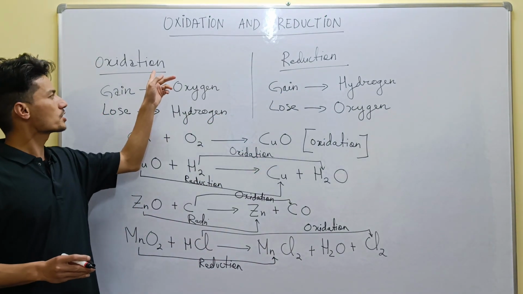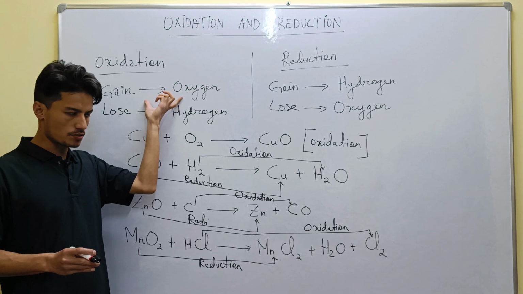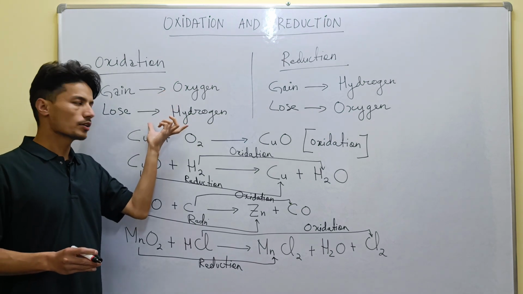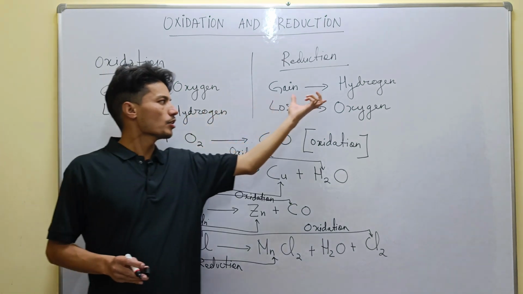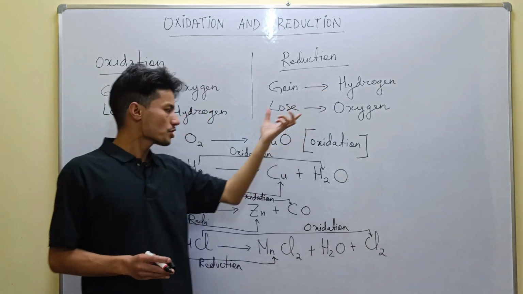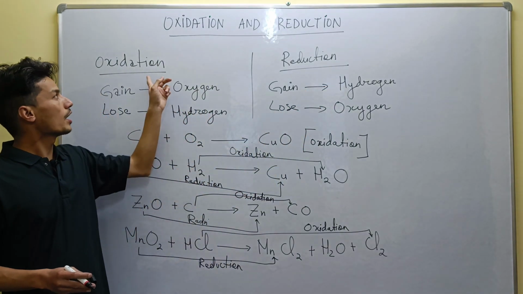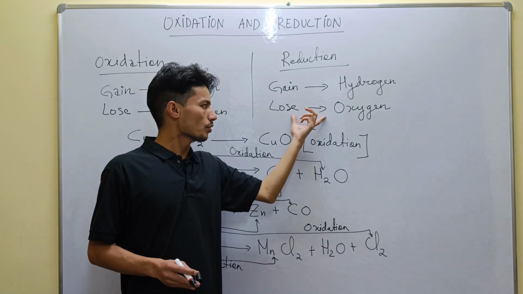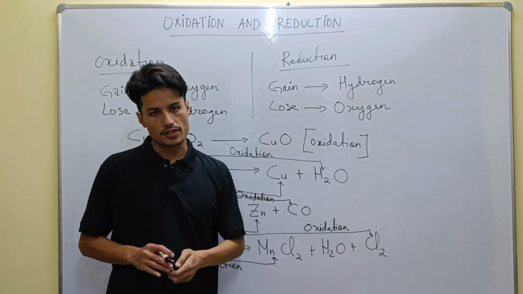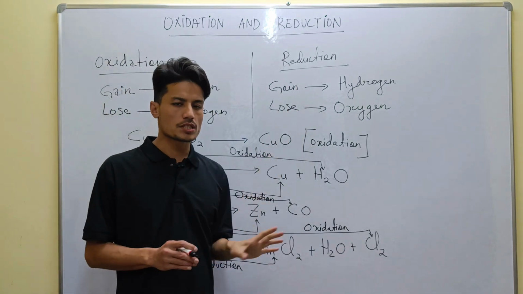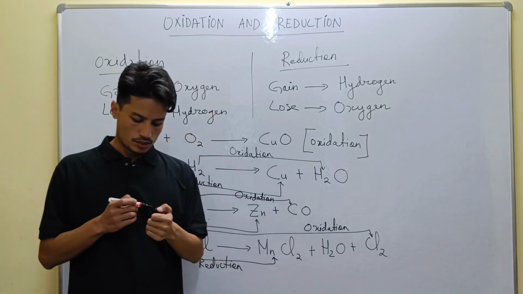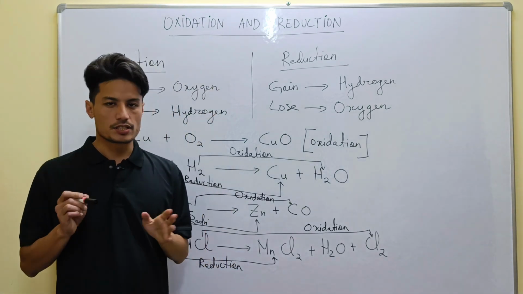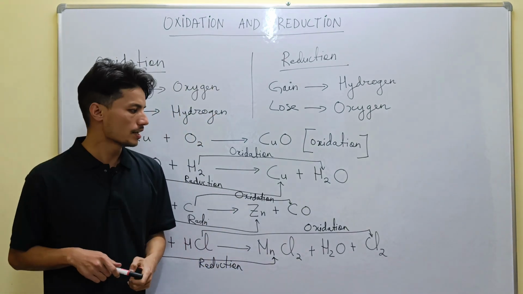Gaining of oxygen is known as oxidation, whereas gaining of hydrogen is known as reduction. Reactions where we lose hydrogen are known as oxidation reactions, and reactions where we lose oxygen are known as reduction reactions. So oxidation and reduction are two important chemical reactions that you have to study in this lesson.